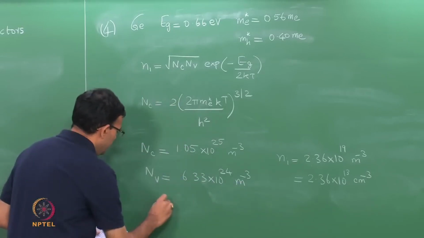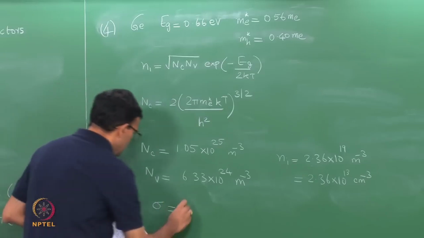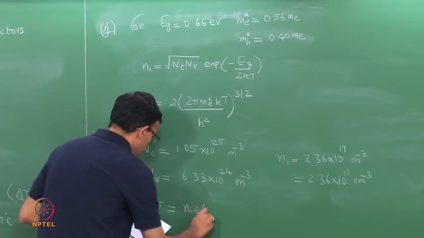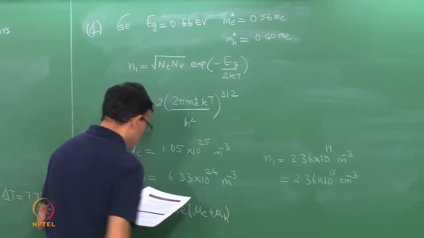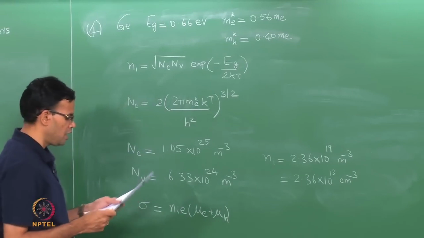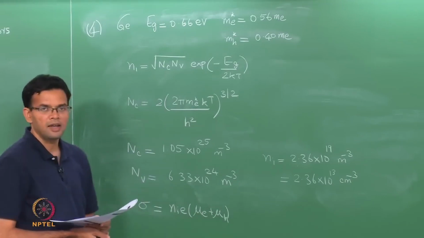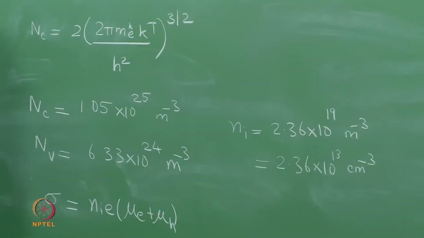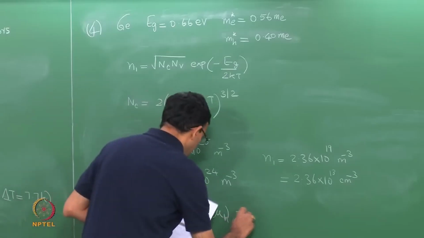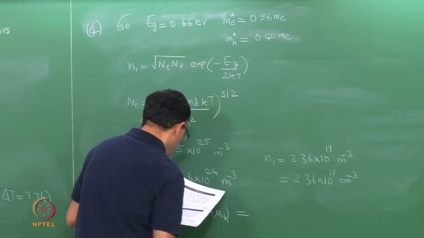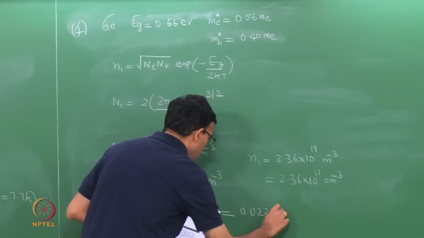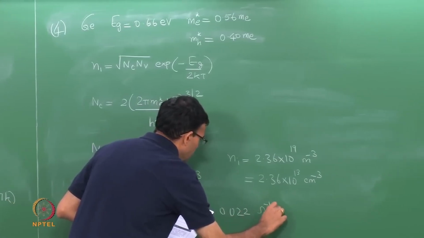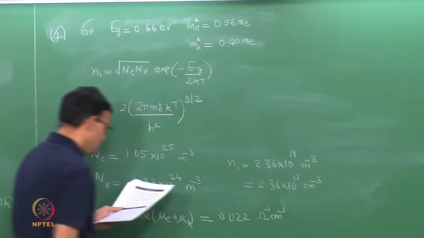We can then calculate sigma. Sigma is Ni e (mu E plus mu H). The value of mu E and mu H are given. Mu E is 3900 and mu H is 1900 centimeter square per volt per second. So, that sigma is nothing but 0.022 ohm inverse centimeter inverse.